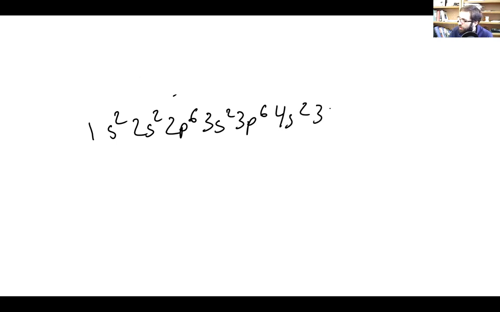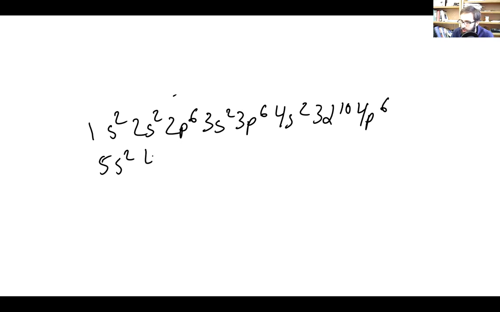So it's going to be 1s2, 2s2, 2p6, 3s2, 3p6, 4s2, 3d10, 4p6. We're at 4p6, that got us to krypton. Now we're at 5s2, this is all one line, but I can't fit it all on here.